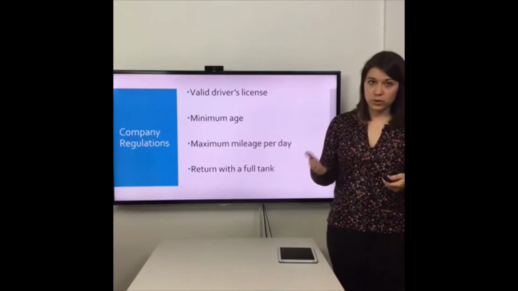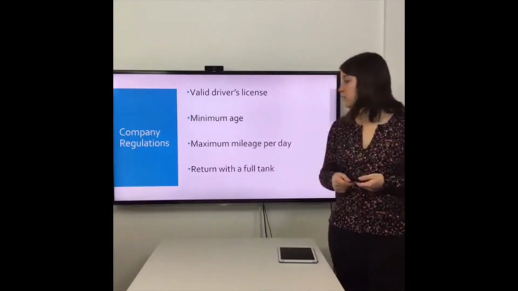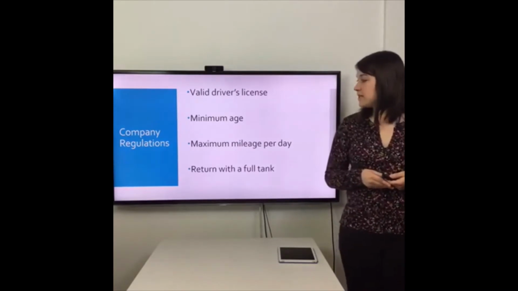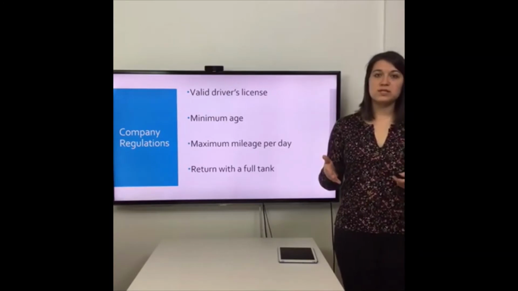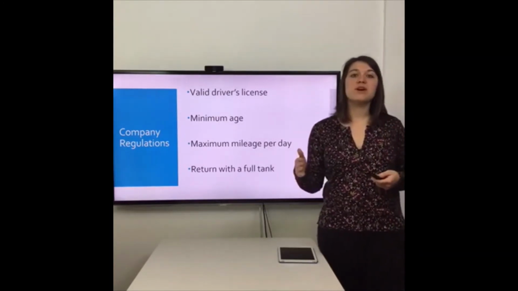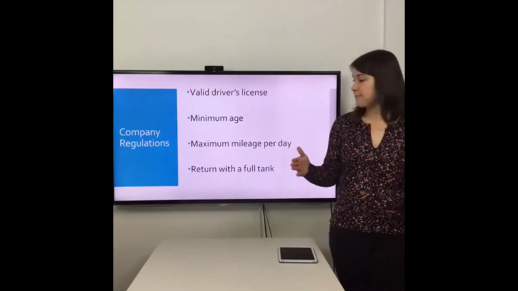So check which country you're visiting and what the minimum age is for a car rental. Many companies may actually have a maximum mileage per day, so this puts a limit on the number of miles or kilometers you can drive the car in one day.